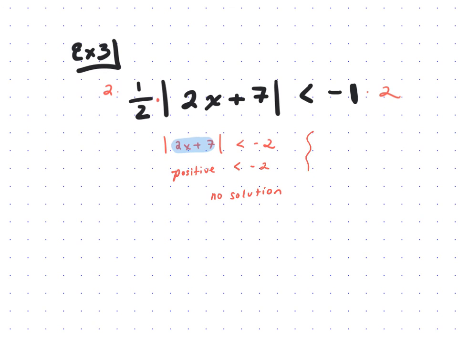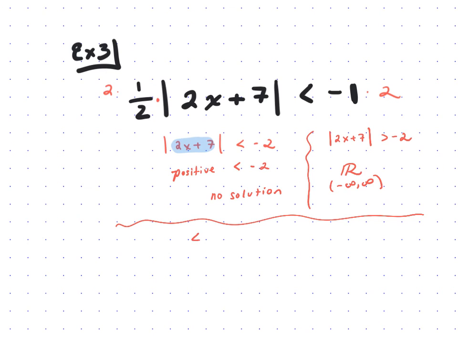If this was just a little different, and I said, when will that be greater than -2? Every number would have worked. It would have been all the solutions, all real numbers, but less than a negative, not happening. So it's no solution. So that kind of puts them together. And remember, when you have this symbol and you have less than, it's an and problem.